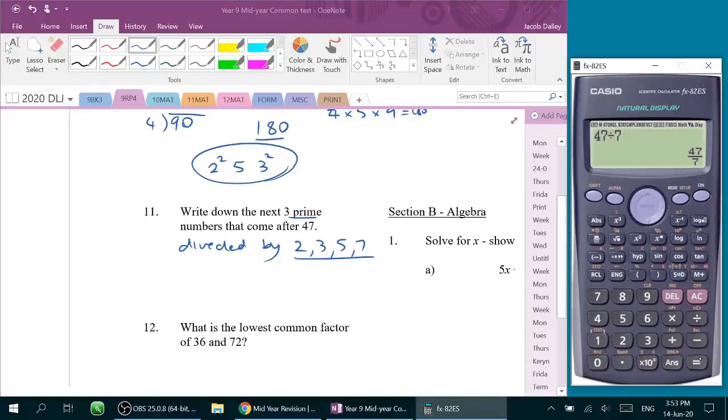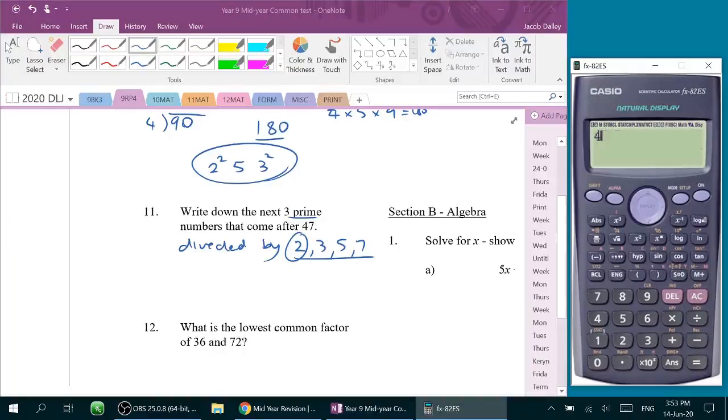Whereas 49, so it's best to just check all the odd numbers. There's no point checking even numbers because we've got 2. So you can just do that in your head, really. So 49 divides by 3. Nope. 49 divides by 5.